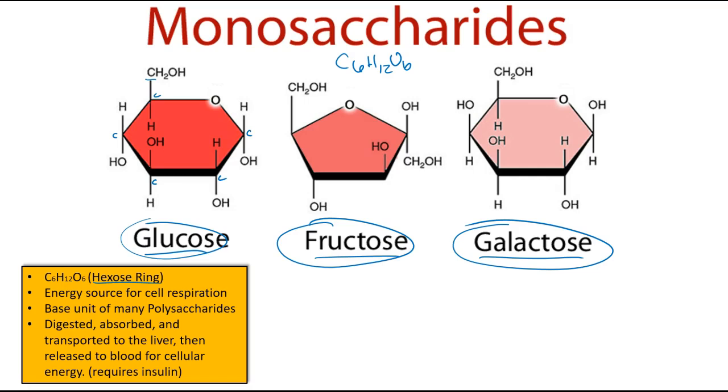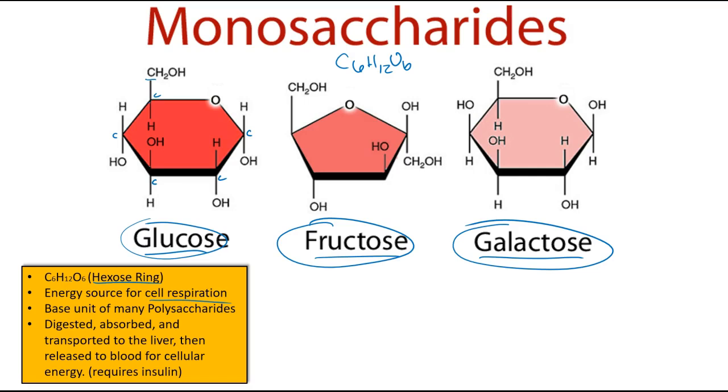But the way in which those carbons are structured indicates that there should be a different structure, and there is, and that different structure gives rise to a different function. Glucose, being structured the way it is, is really good at producing energy in the form of ATP, adenosine triphosphate, during the cell respiration pathway.